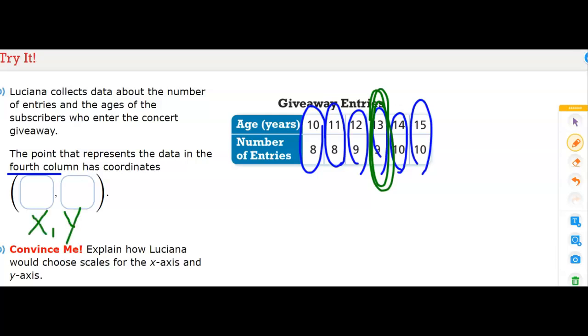X comes first, Y is the second number. In most table data, like you see here, by default, X is your top and Y is your bottom numbers. So with that, 13 is your X and 9 is the Y. So the coordinates for the fourth column are 13 and 9.